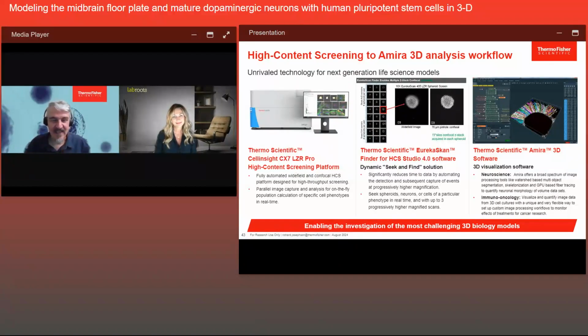The optimal size for imaging, though, is generally less than a millimeter. Because of diffusion limits, anything bigger than maybe 800 microns is going to have dead cells at the core. So that's kind of useless to you.